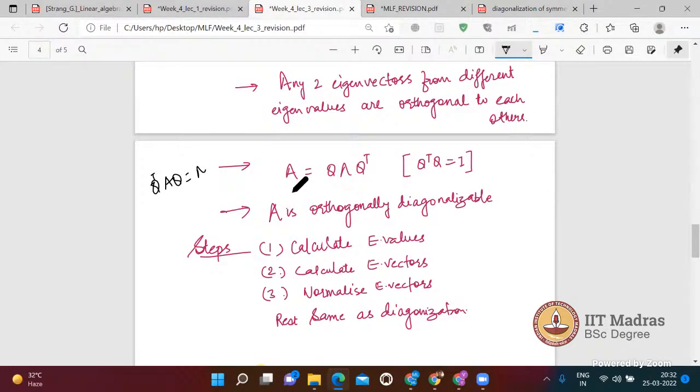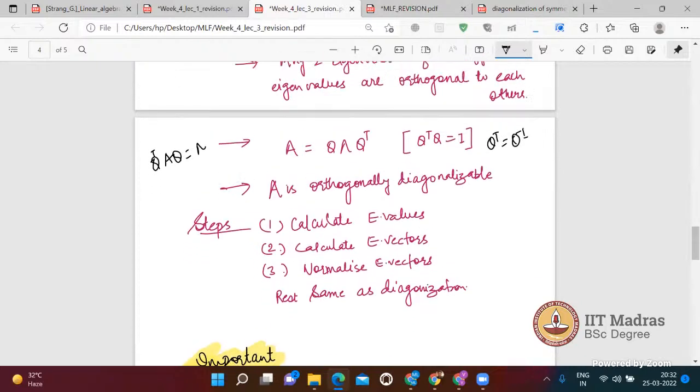Here Q transpose will be equal to Q inverse, that is why we are writing it like this.